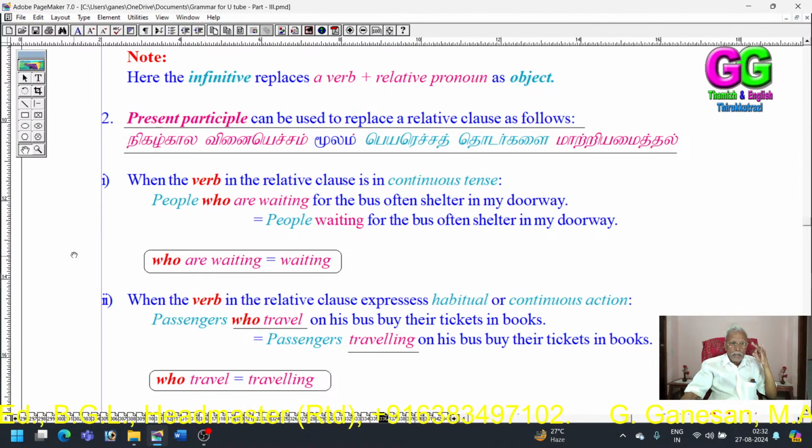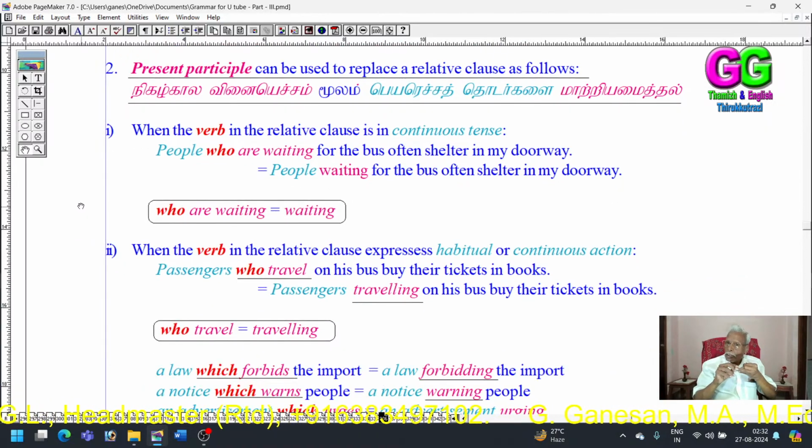Secondly, when the relative clause is used to represent a habitual or continuous action, then that relative clause can be reduced into a simple sentence using its present participle.